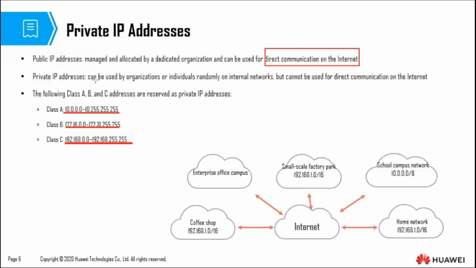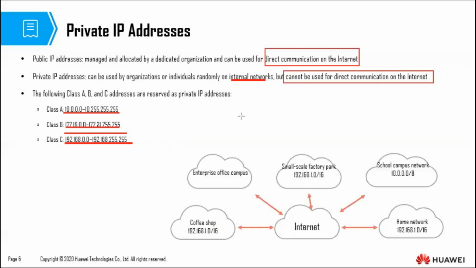So private IP addresses can be used by organizations or individuals randomly on their internal networks, meaning MMU can decide to use the 192.168 range. KU also uses that, so they can be used on different internal private networks. But they cannot be used for direct communication on the internet.